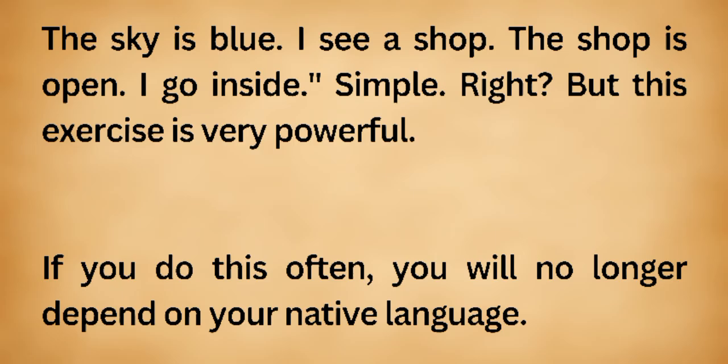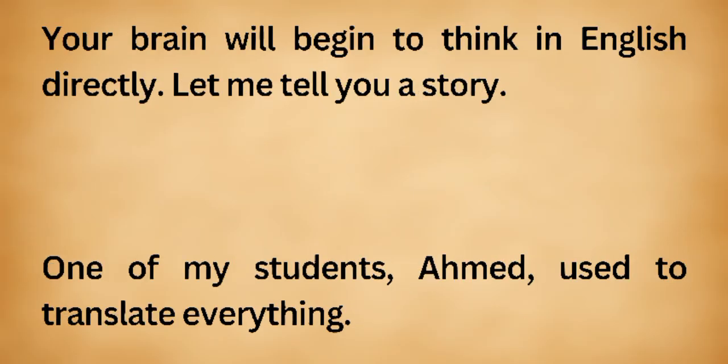The sky is blue. I see a shop. The shop is open. I go inside." Simple, right? But this exercise is very powerful. If you do this often, you will no longer depend on your native language. Your brain will begin to think in English directly.